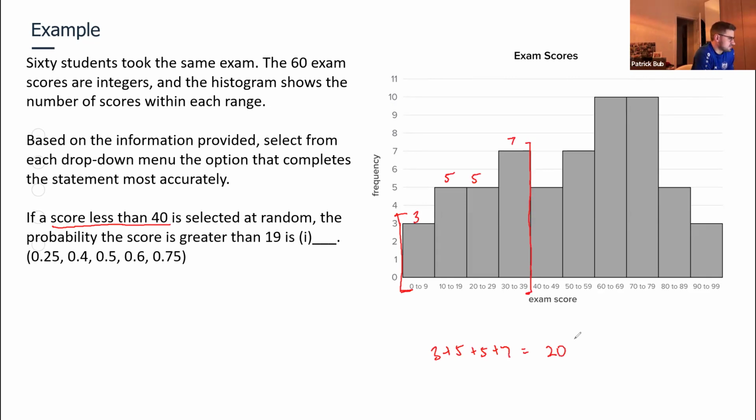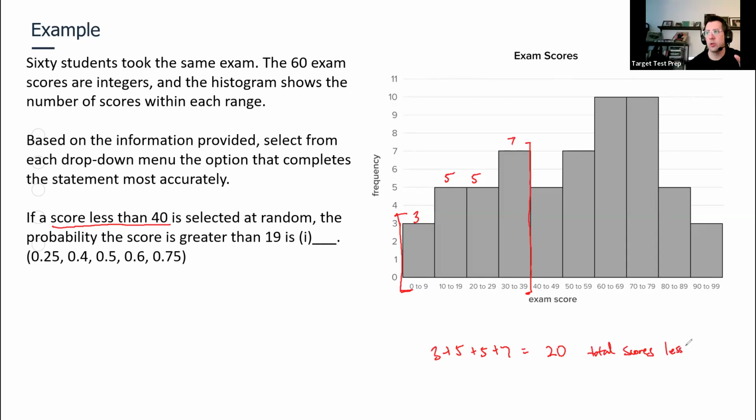So there are 20 total scores that are less than 40, right? Indeed, scores less than 40. Then if we select one of those scores that are less than 40 at random, the probability the score is greater than 19.